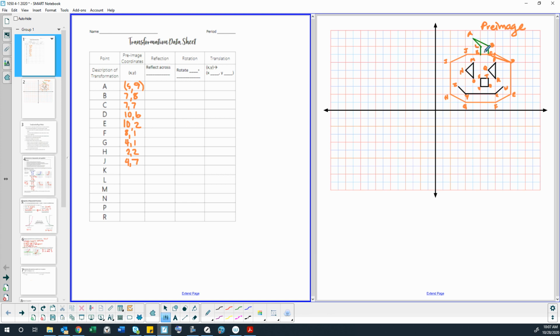K is at 6, 7. L is at 6, 8. M is 2, 4, 5, 6. Excuse me, N is at 4, 5.